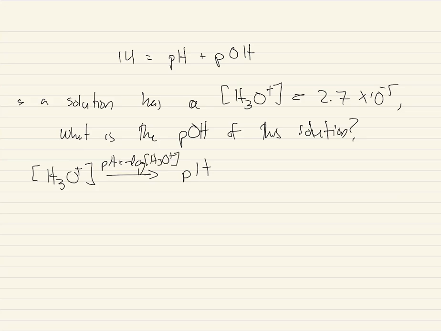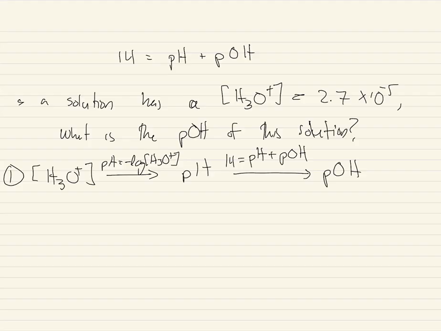And then from there, what would be the final step here? We can get to the pOH, and the relationship we would use is 14 equals pH plus pOH. All right, so that's one way that we could approach this problem.